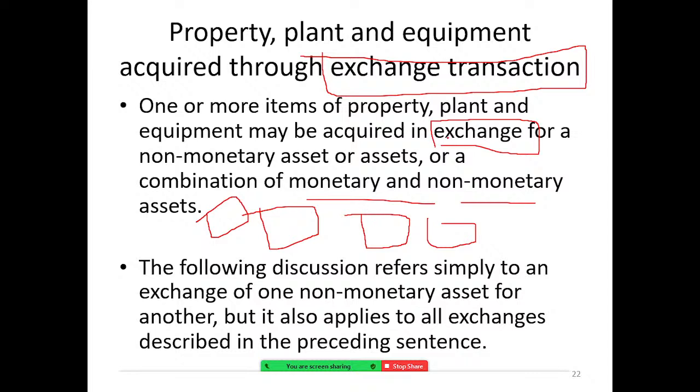If they purchase using monetary assets, it's very simple to find the cost. The following discussion refers simply to an exchange of one non-monetary asset for another, but it also applies to all exchanges described in the preceding sentence.